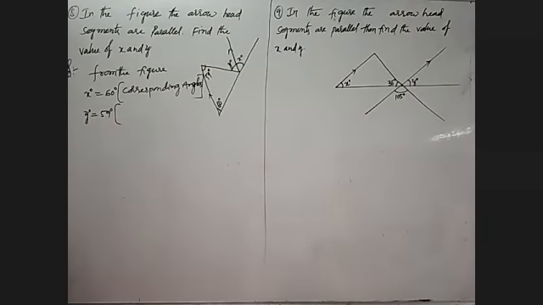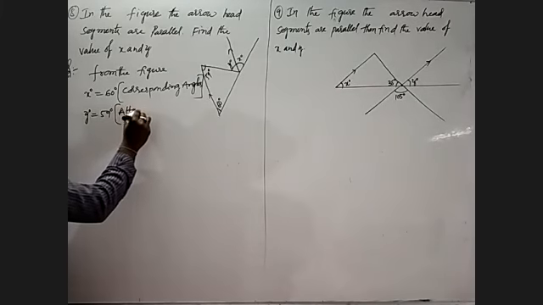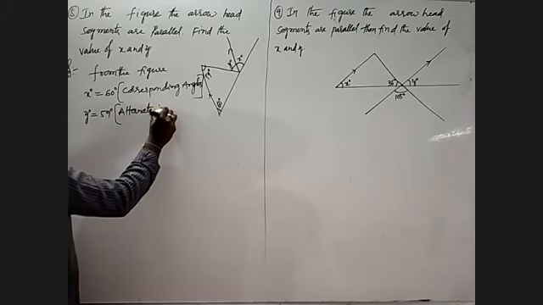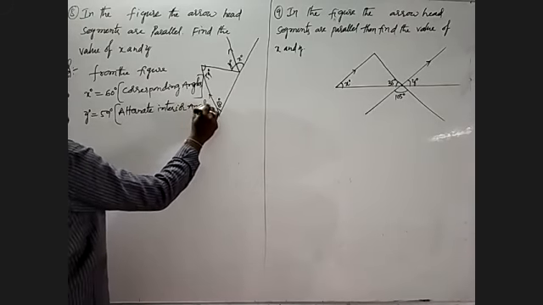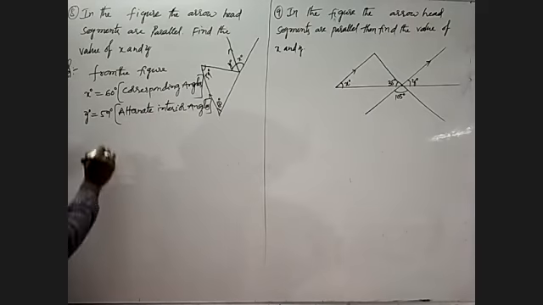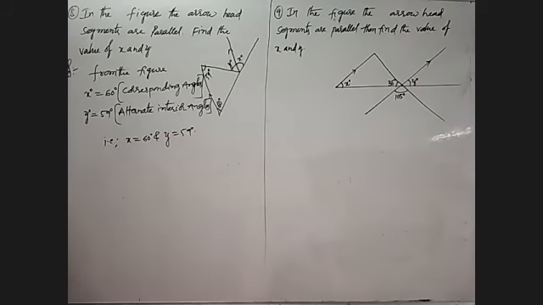These are alternate interior angles. So x is equal to 60 degrees and y is equal to 59 degrees for this given problem.